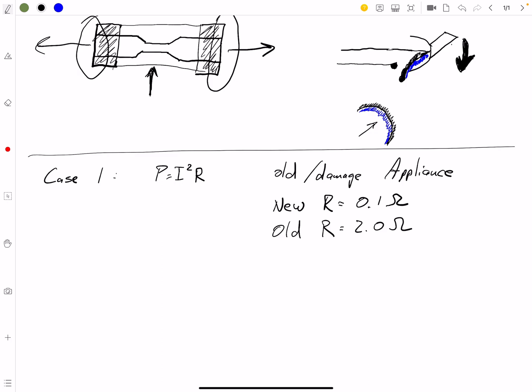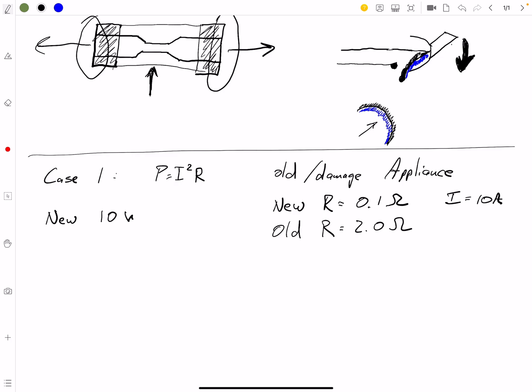But let's look at our power in this situation. And if, let's say, the current is always 10 amps, then we're going to square that current, get 100. And if we have 100, in the new, 100 times 0.1 is 100 times a tenth, that's 10.